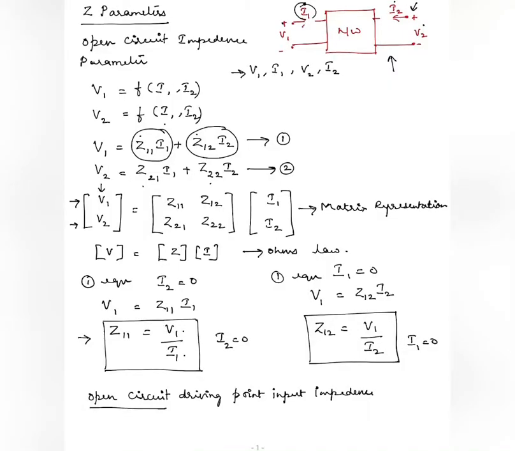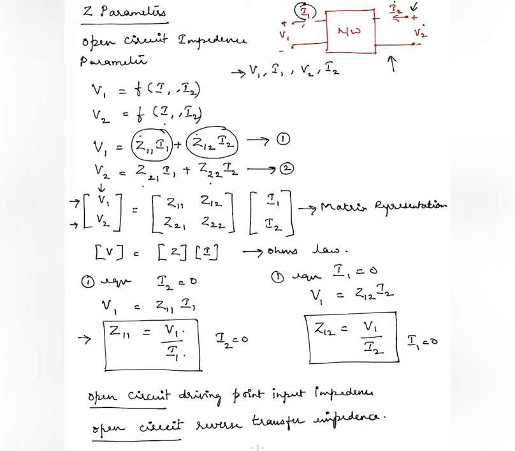Now Z12 is called open circuit reverse transfer impedance. Now why is it open circuit?